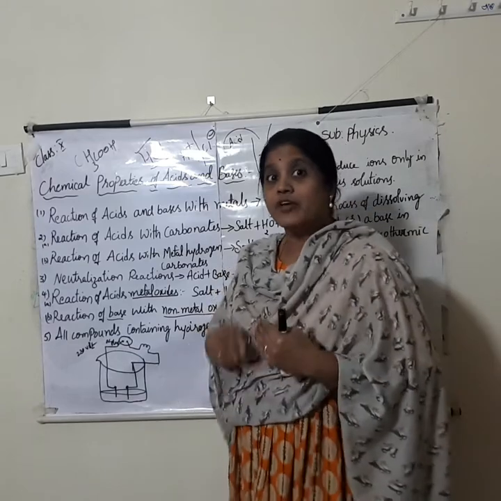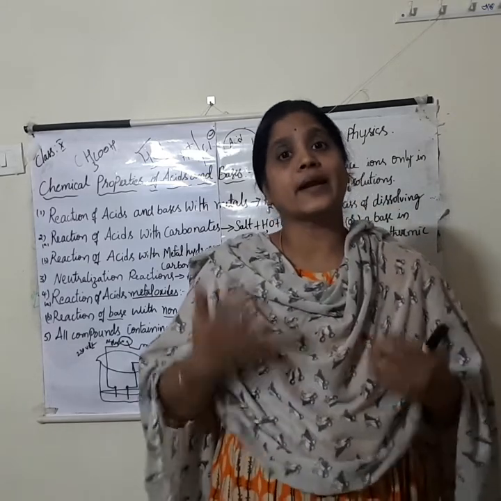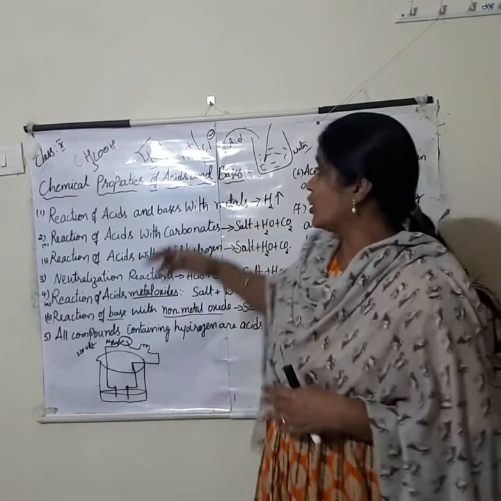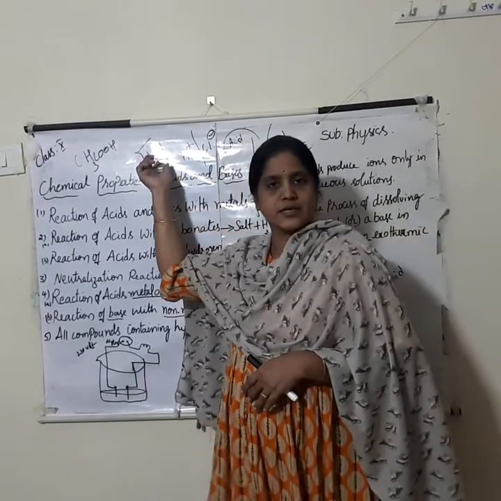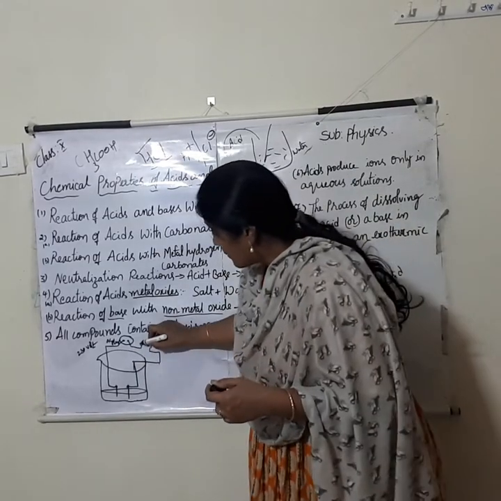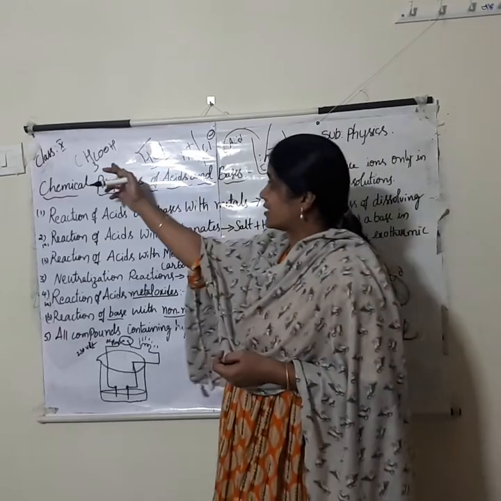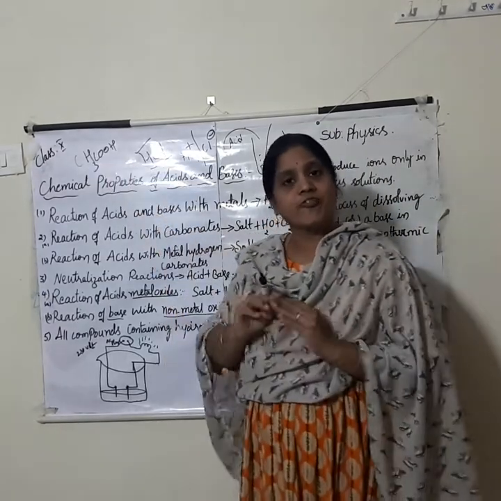But we have to observe how that bulb glows. Brightness you have to observe. When you take the strong acid, if you observe here, the bulb glows brightly. And when you take acetic acid, it is a weak acid.